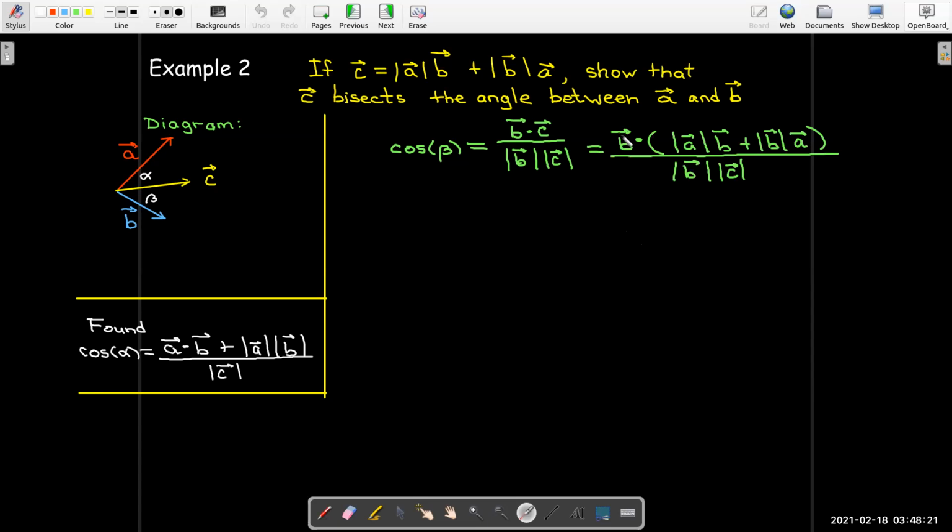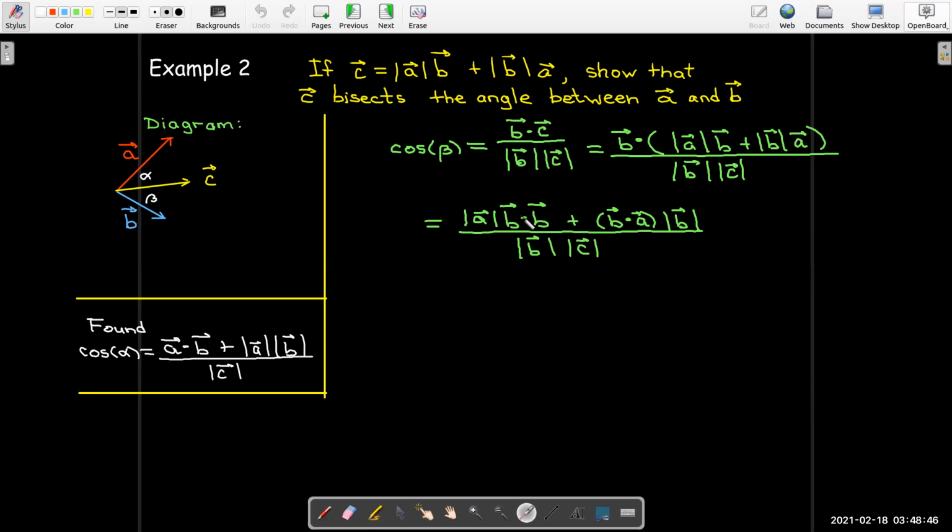Then I got to use the distributive property again. So I'll dot B with B, and the length of A will be in front. I'll dot B with A, the length of B will be in front of that dot product. All right, well, I actually wrote it on the right, but you know what I mean.